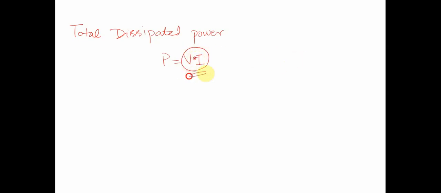Now one last concept of total dissipated power, which we simply say as TDP. Power is nothing but, as we have already read, V into I. So voltage across a circuit multiplied by the current going through the circuit will give us the power.